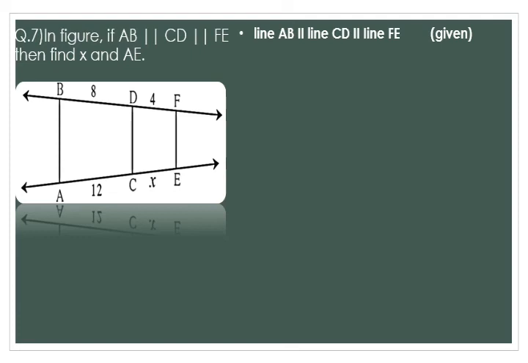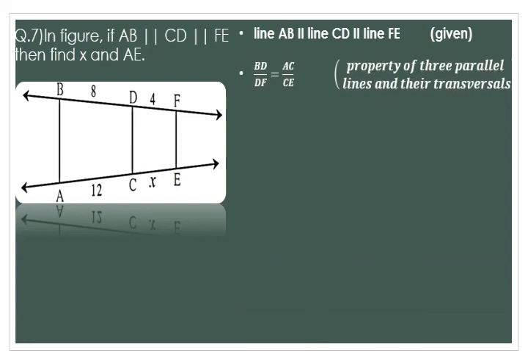By property of three parallel lines and their transversals, BD upon DF is equal to AC upon CE. Now put the values: BD is 8, DF is 4, AC is 12, and CE is unknown, so we write X there.